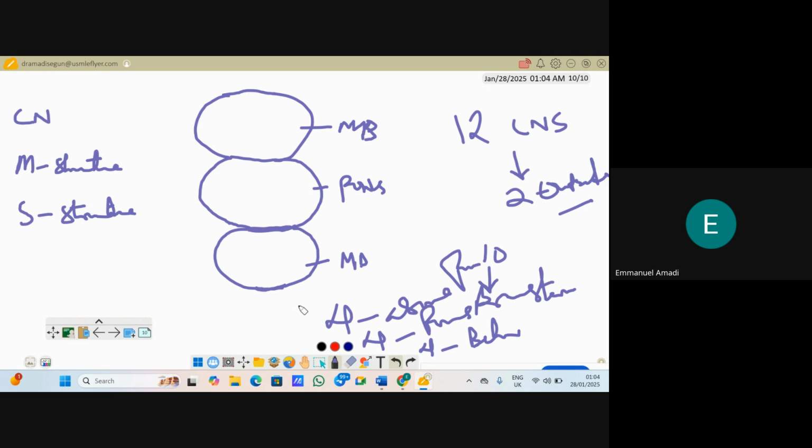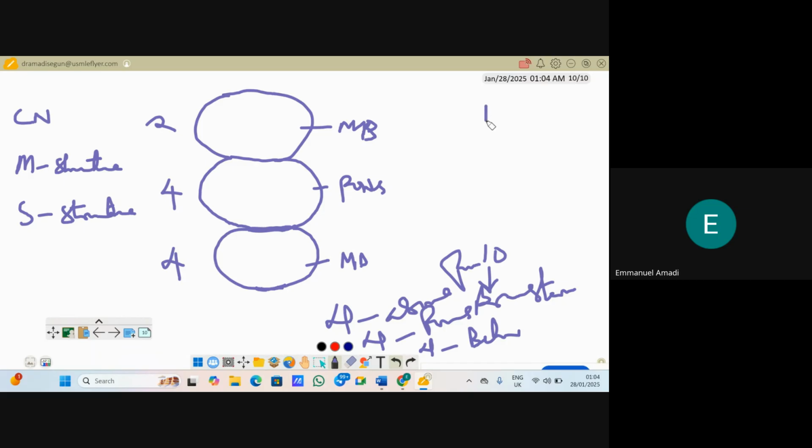Now, if you understand that you have 2 cranial nerves here, four here, and the last four here, there is a way these cranial nerves are arranged in the brainstem. How are they arranged? They are arranged in such a way that any cranial nerve number that can divide 12 with no remnant will be kept in the middle.